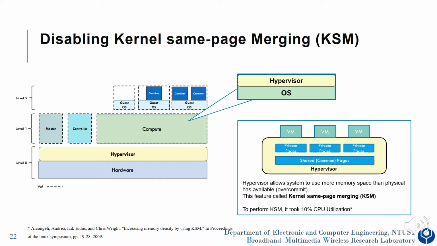The way it works is to merge all of the same operating system and application code into one address memory. So a lot more empty memory can be used to deploy another VM.